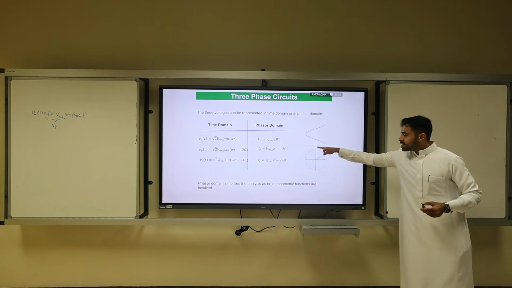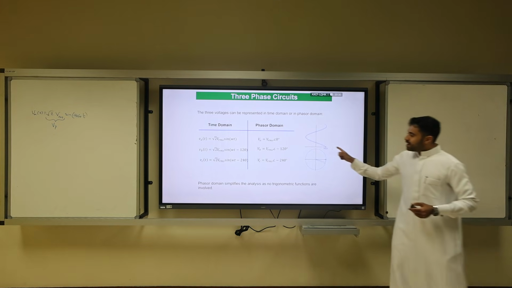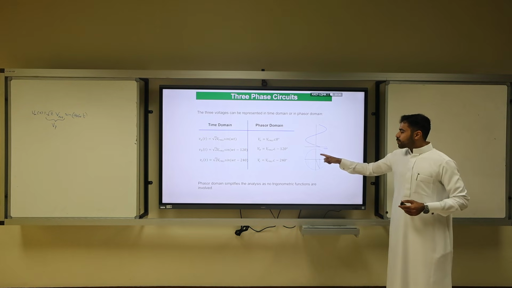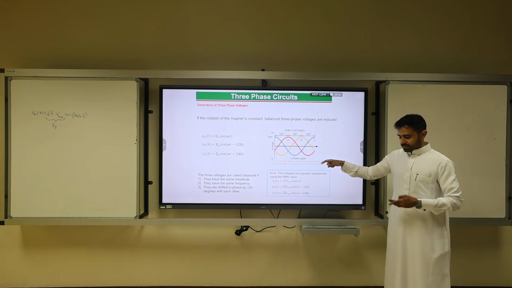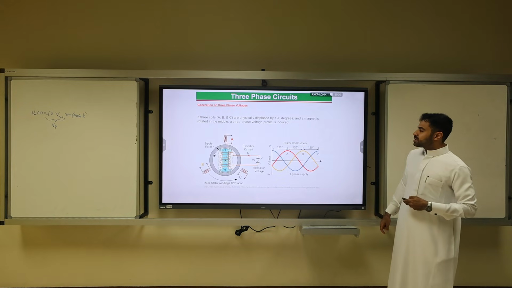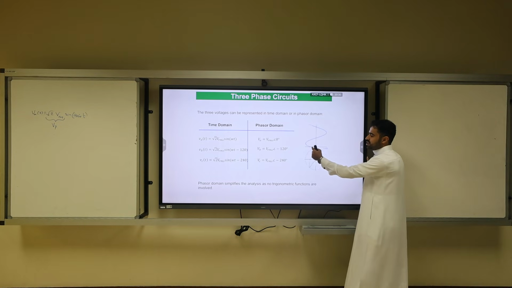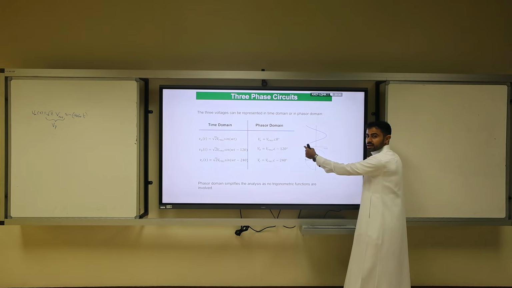This is the real axis, this is the imaginary axis. So as you can see, sinusoidal. And what is this sine? It's the projection across the x-axis. If you project onto the x-axis here, look at it. You see it?